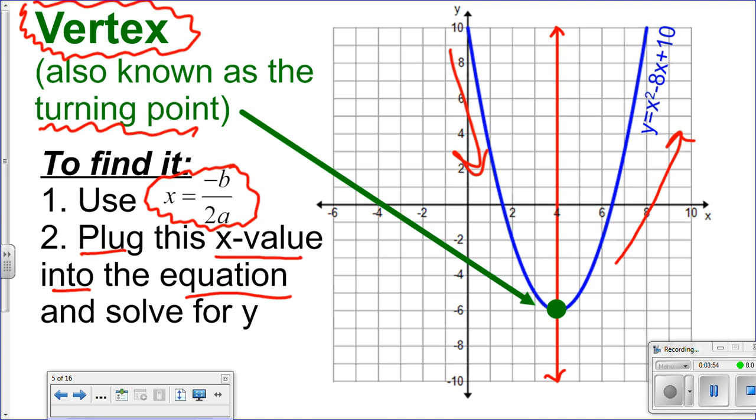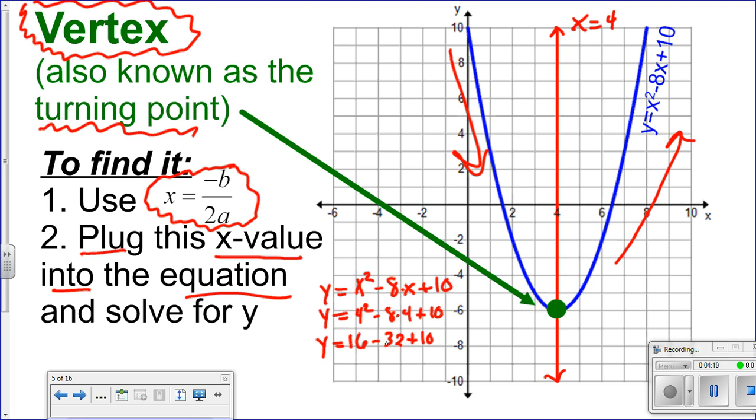So in this case, we know that this is the line x equals 4. If I just plug that into the function, and the function is x squared minus 8 times x plus 10, if I just plug in my 4 squared minus 8 times 4 plus 10, my y value is 16 minus 32 plus 10.